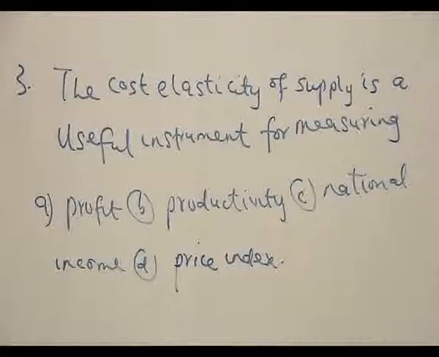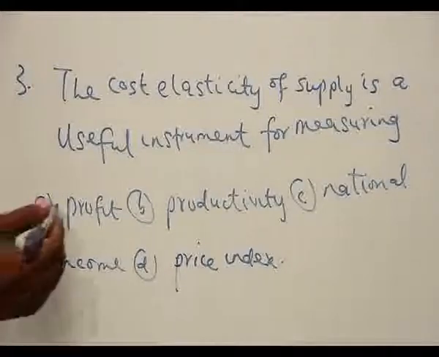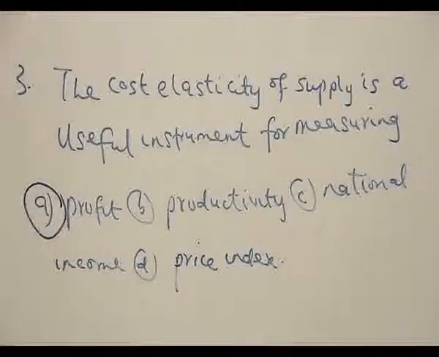Question 3. The cost elasticity of supply is a useful instrument for measuring A. Profit, B. Productivity, C. National income, D. Price index. The right answer is A. Profits, because producers try to know the elasticity of their products, particularly price.